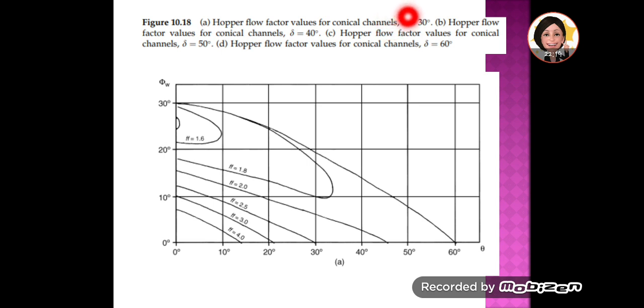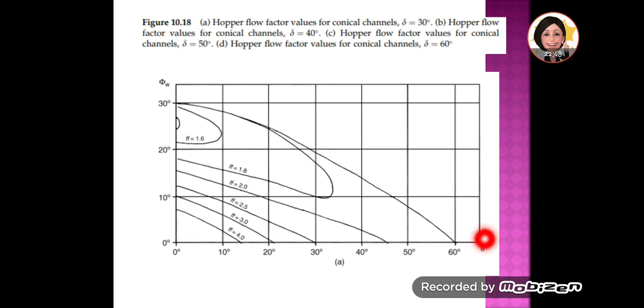So we have one figure for 30 degrees, one for 40 degrees, and then one for 50, and another for 60. So if you notice, these are the flow factors, and then this is A. So this is for when the conical channel has an effective angle of internal friction of 30 degrees. So this is the theta.